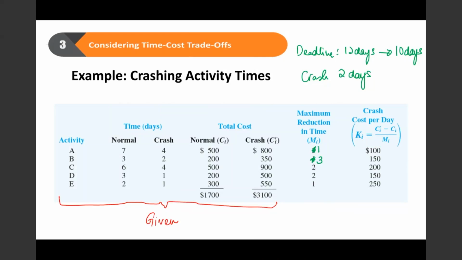How will you crash it now? How will you crash it from 12 days to 10 days?